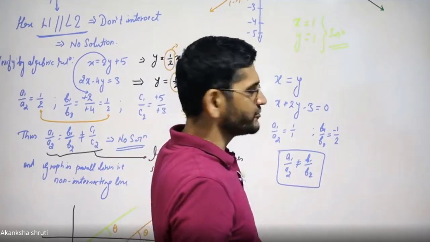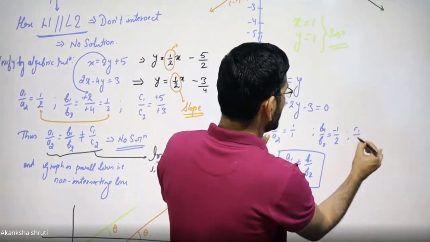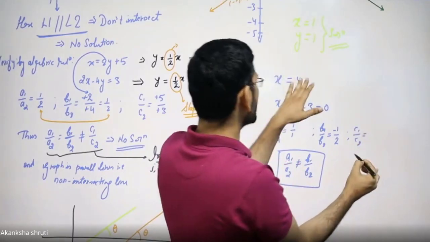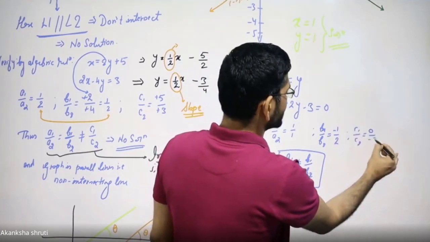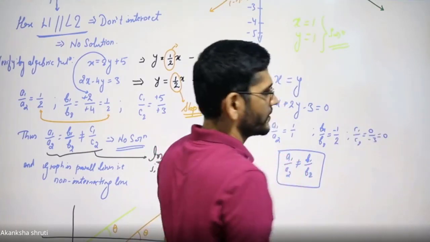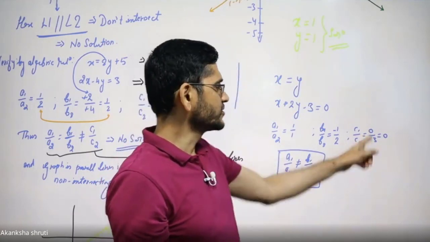No need to worry for c1 by c2. But still, if you want to write c1 by c2, student, no constant term in first equation, so it becomes 0 by -3. It is 0. Okay, student? Never take this 0 in denominator.